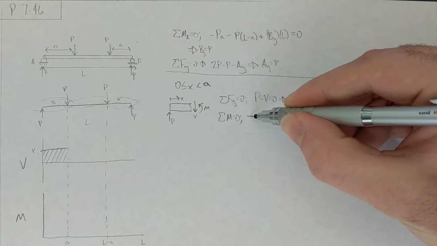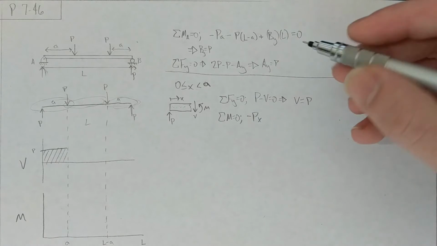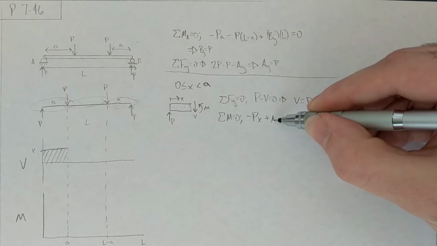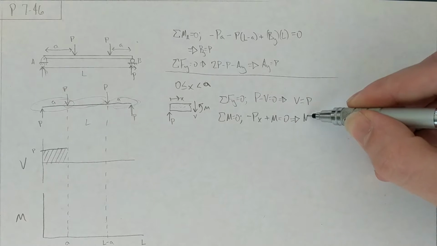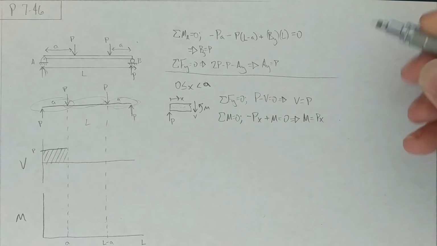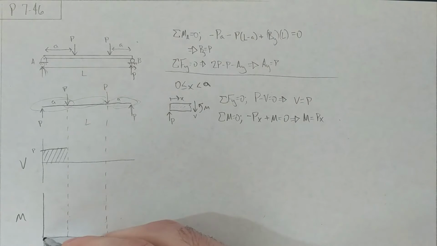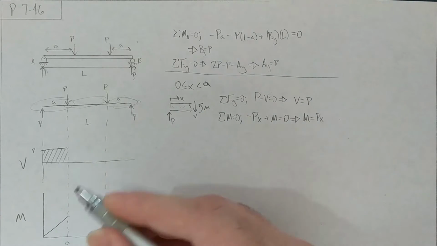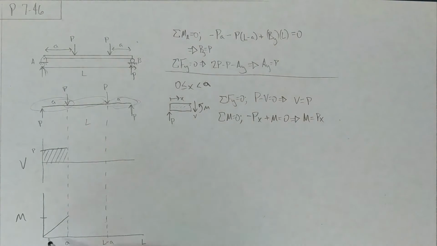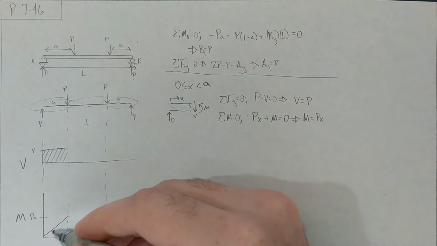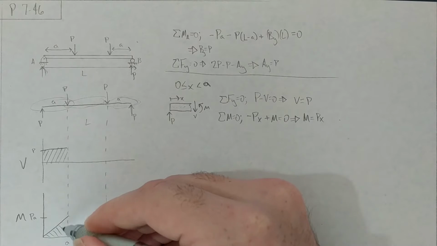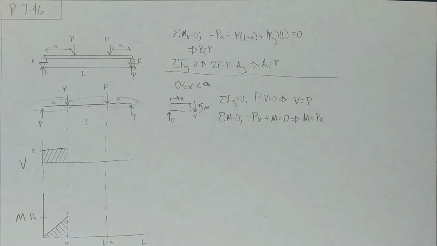So we're going to call that minus P times x, plus M equals 0. All right, so M equals Px. So then it's going to just be a straight line. This value is going to be PA. Cool.